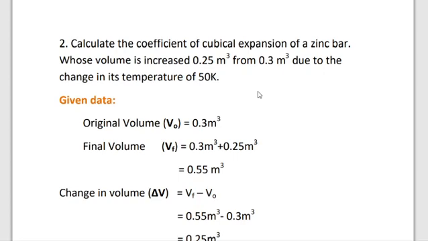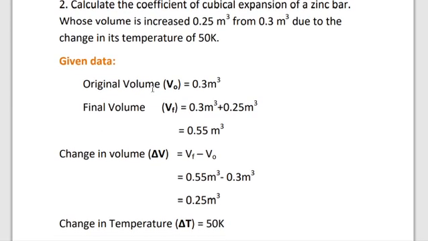So 0.3 meter cube is initial. From that initial value it increased by 0.25. So it means final volume equals 0.3 meter cube plus 0.25 meter cube. What are the given data? Original volume VO is equal to 0.3 meter cube.